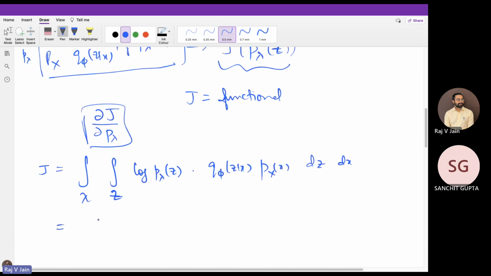We already saw previously that I can write this as a q phi of x comma z, some new joint distribution, and then I can put this integral over x inside.